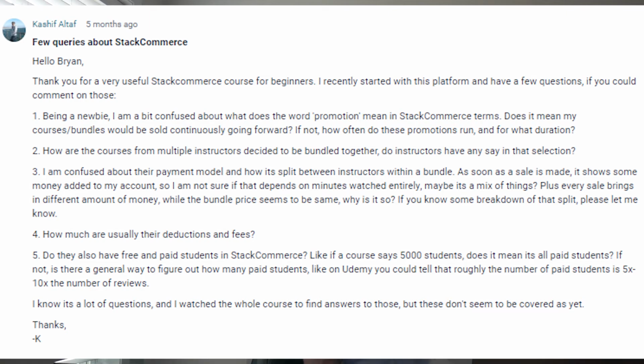So do they also have free and paid students on Stack Commerce? It's my understanding that they don't have free students on the platform. And they don't have paid students that subscribe to their platform either, right? What Stack Commerce is, is a conglomerate of a bunch of different websites and a bunch of different agreements that they have with other partners where they sell your courses. So they'll try to sell your courses via their email list.